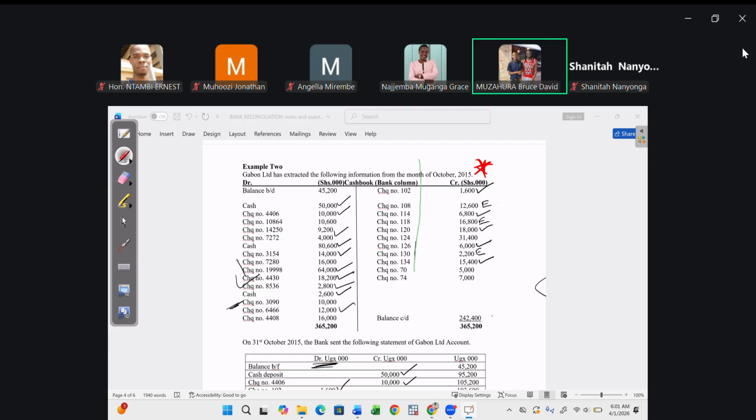So why we are bringing this balance carried down is that when we were posting these transactions in the cash book, we had the debit side and the credit side. So at the end of balancing this cash book, we were left with this balance, which is the carried down.